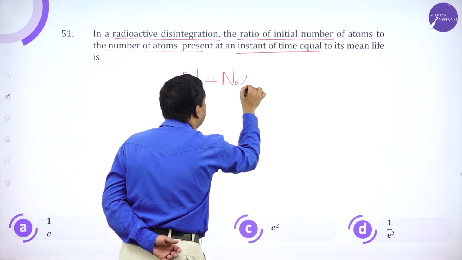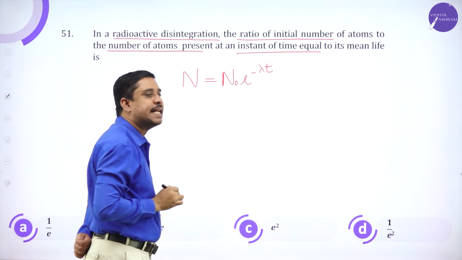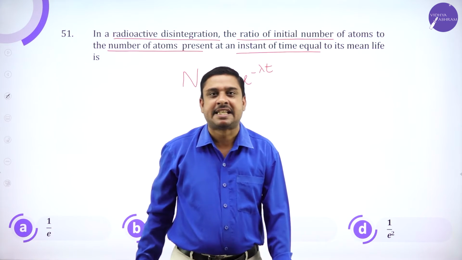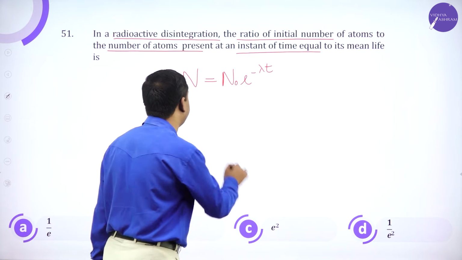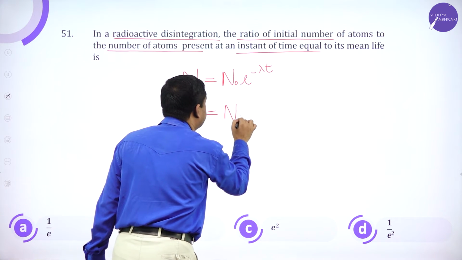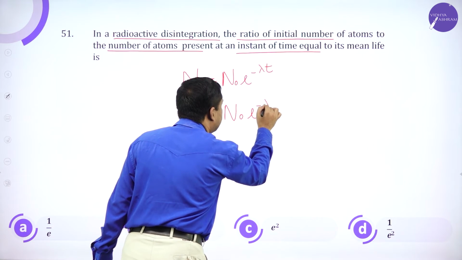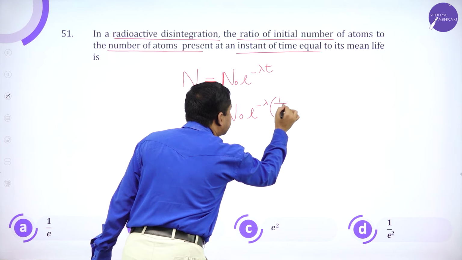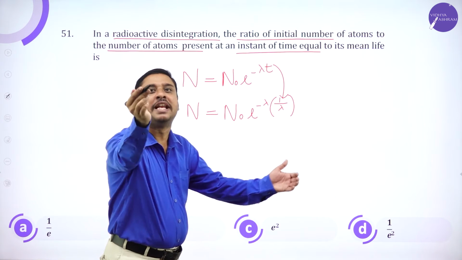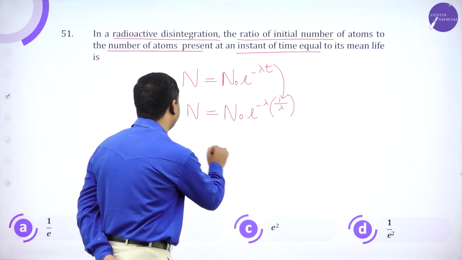N equals N naught e to the power minus lambda t. We call this the radioactive decay law. Now, I substitute t is 1 by lambda, the definition of decay constant, reciprocal of time.